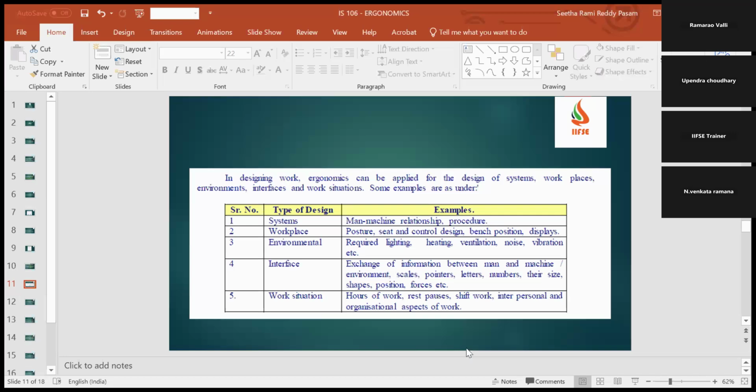When we say hours of work, how many hours can be advised, and rest pauses, in the sense of the number of rest intervals. If a person works for 8 hours, what is the minimum rest interval or rest pause that should be given?